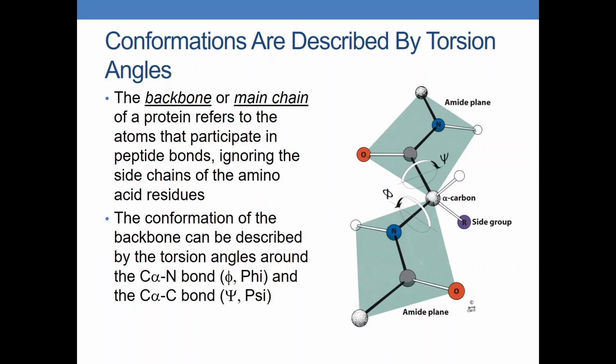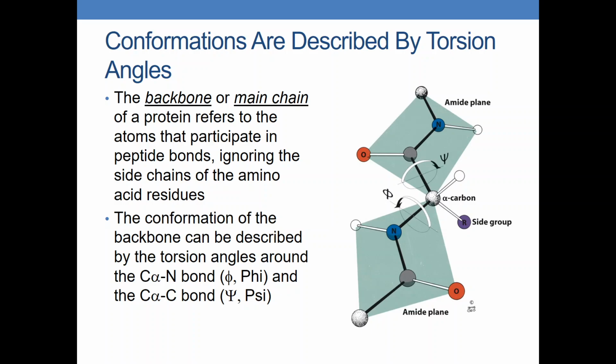So first, phi represents rotation about the C alpha amide nitrogen bond here that I just told you about. Psi represents rotation about the C alpha carbonyl carbon bond. And I told you that there are three dihedral angles. There's also omega. Omega is going to refer to the peptide bond where there isn't a whole lot of rotation.